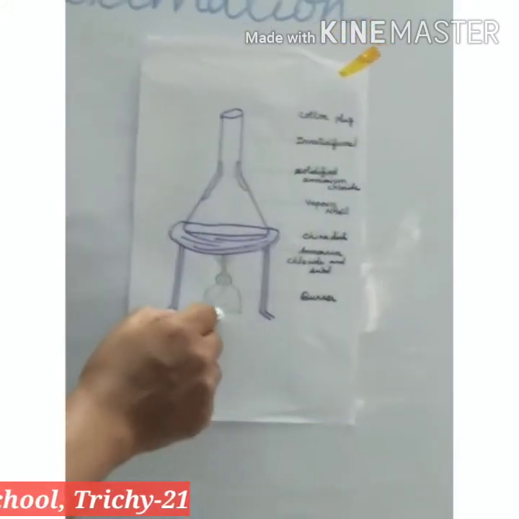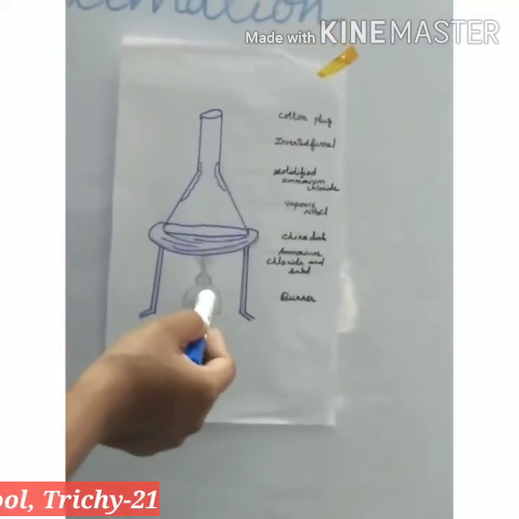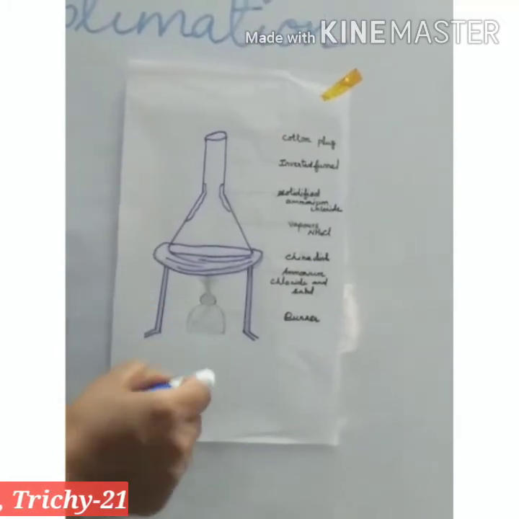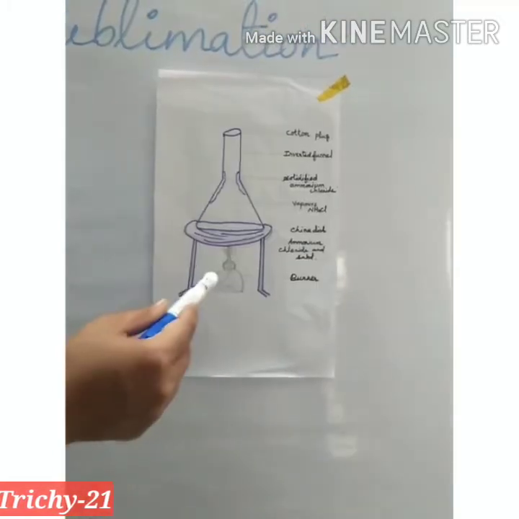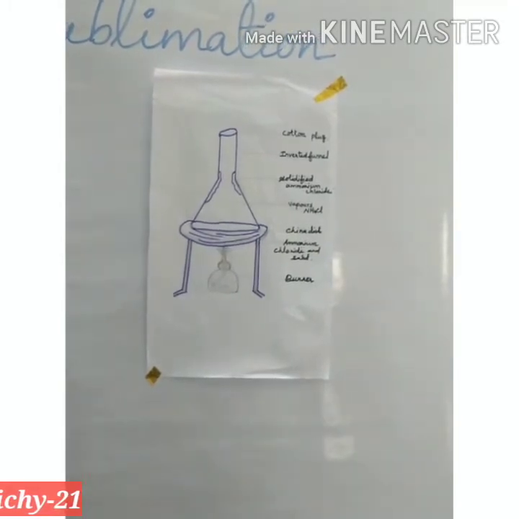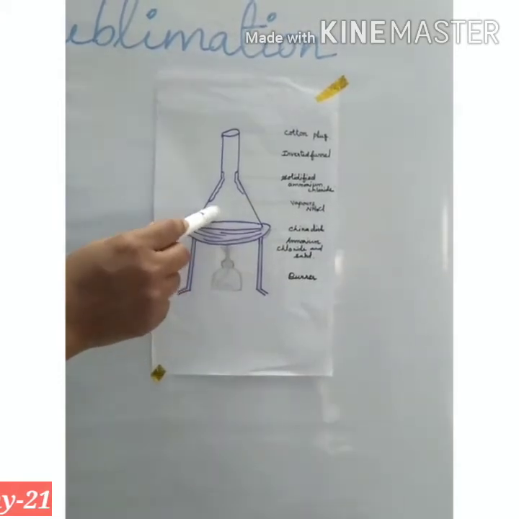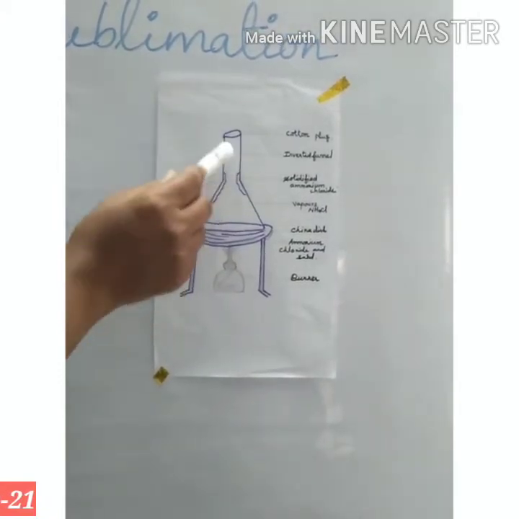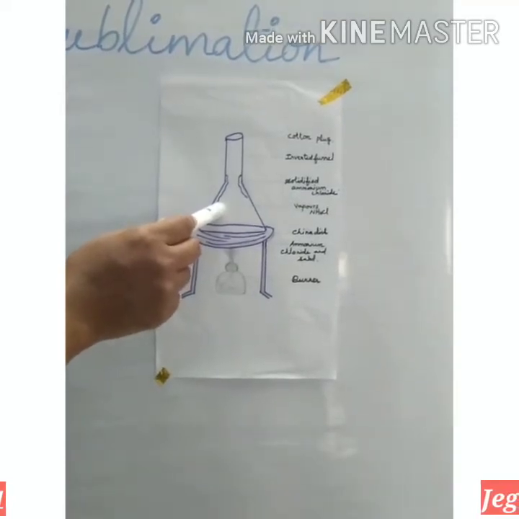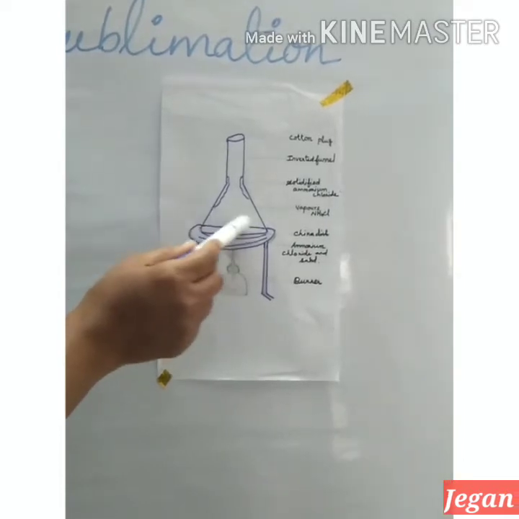One burner is placed down below the china dish. When the china dish is heated, the pure volatile solid passes through the asbestos sheet of the funnel and condenses on the inner side of the funnel. The non-volatile impurities remain in the china dish.